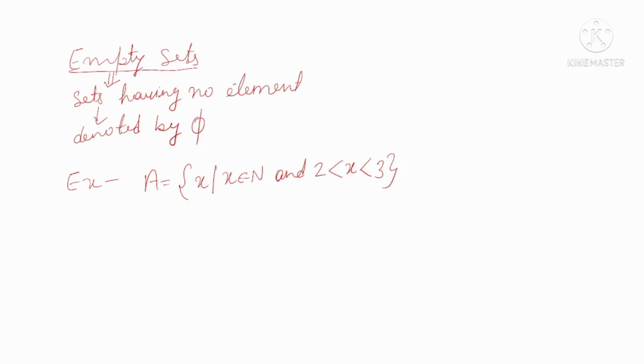Natural numbers are 1, 2, 3, 4, 5, 6, 7, 8, so in between 2 and 3 the number would become a fraction, and a fraction doesn't come in natural numbers. So there is no element in this set, and that's why we can say this set is a type of empty set.